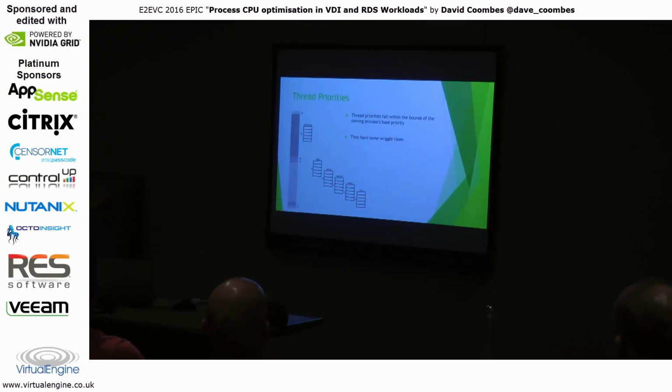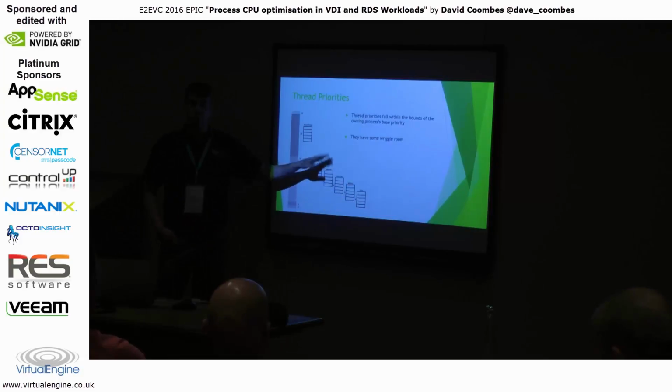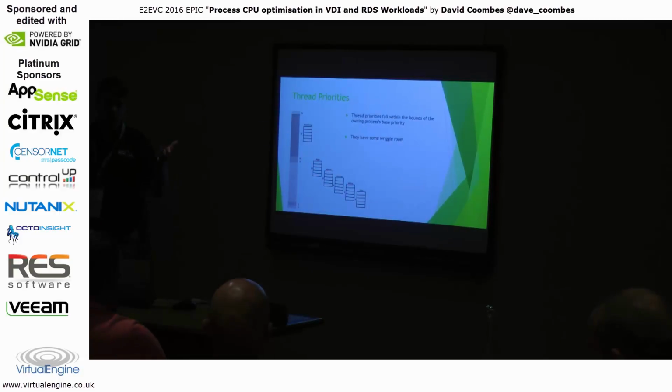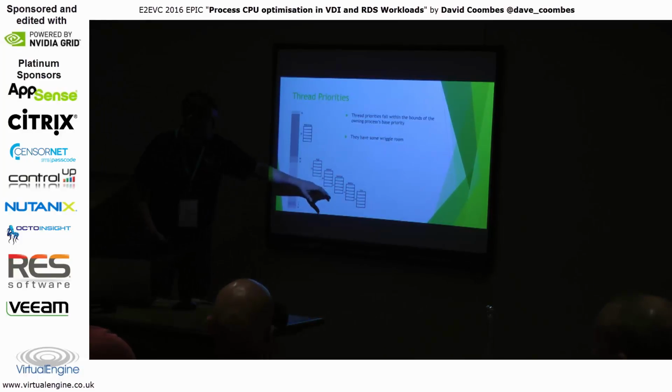Priorities. I know we're probably all familiar with process priorities, the low, below normal, normal, above normal, high that you see in Task Manager. Well, actually, it's the thread that's running at the priority. Windows defines 32 different thread priorities, and the process priority is just the base. So when you have a process running at normal, it will default to 8.